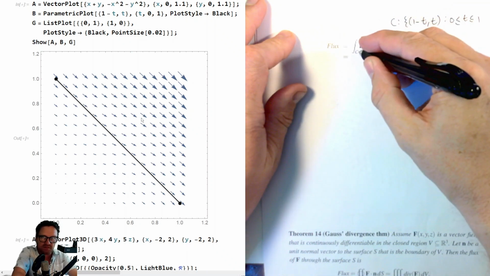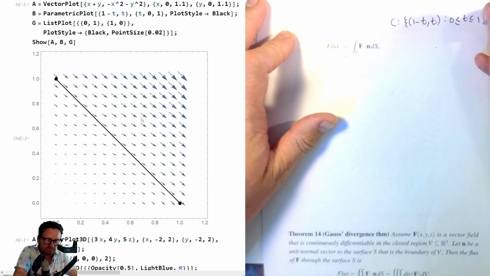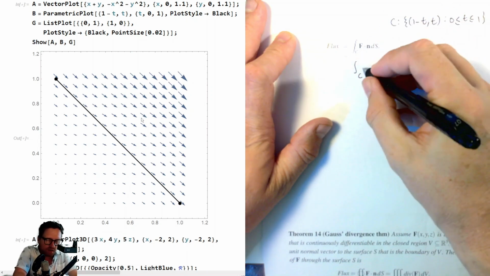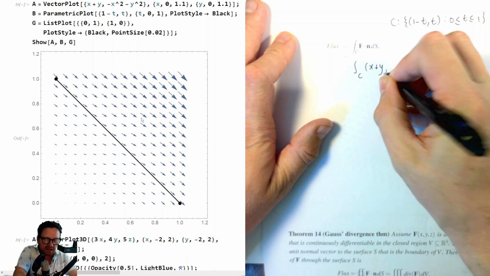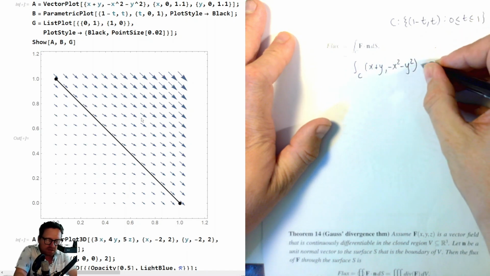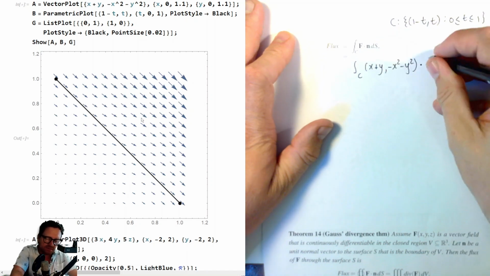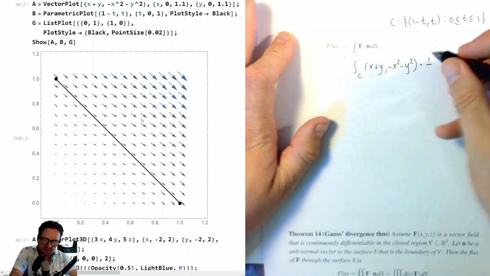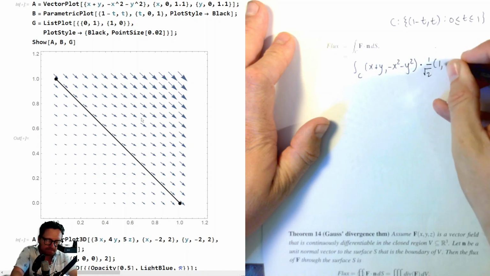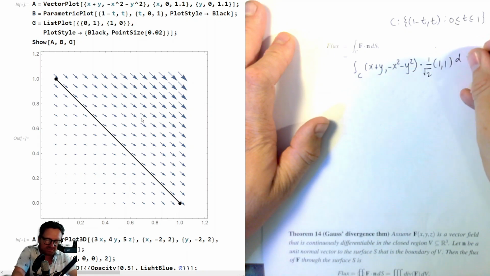All right, C appears down there. So we've got an integral over C. Now F was x plus y, minus x squared minus y squared. And then that's a dot product. So we're dotting that with the unit vector n hat. And then we have ds.